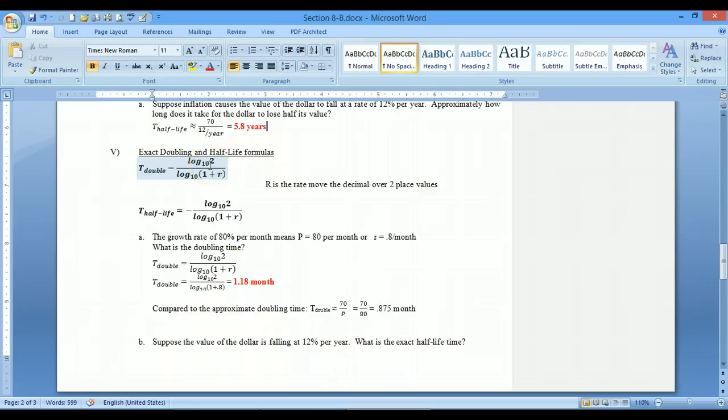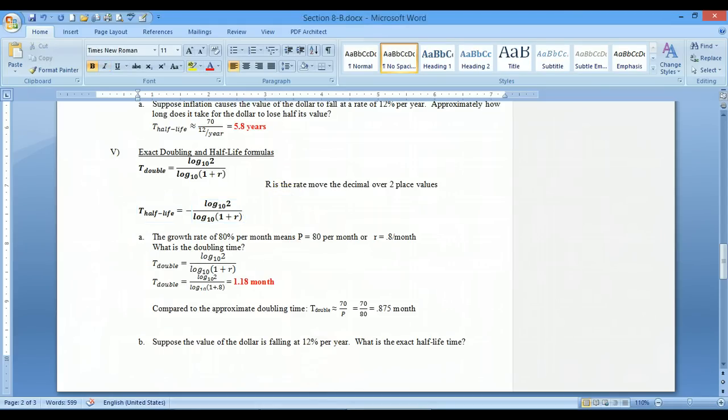That just means that I'm using the base of 10 and the answer is 2 and I'm looking for the exponent. And again, log base 10 of parenthesis 1 plus r. R is the rate, and so you will move the decimal over two place values when it is given to you as a percent. And the half-life formula, very similar, except the difference here, please note, it's a negative sign out in front.